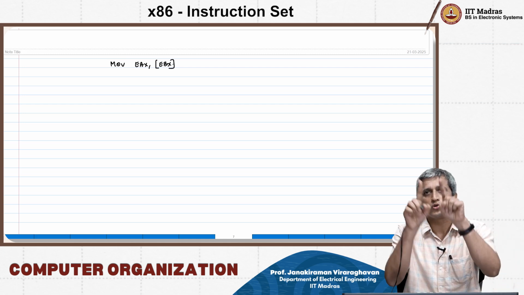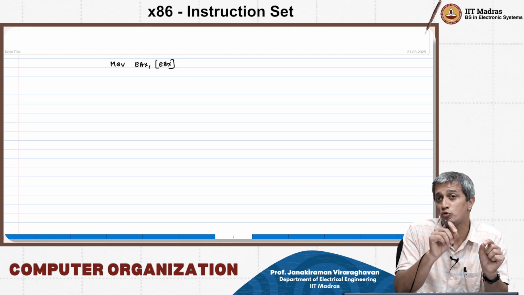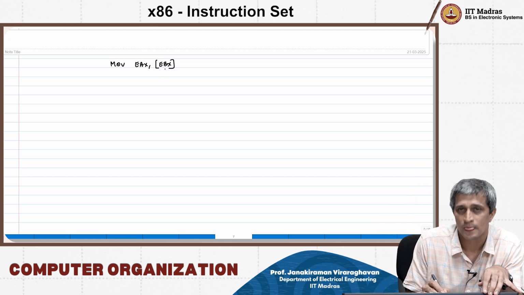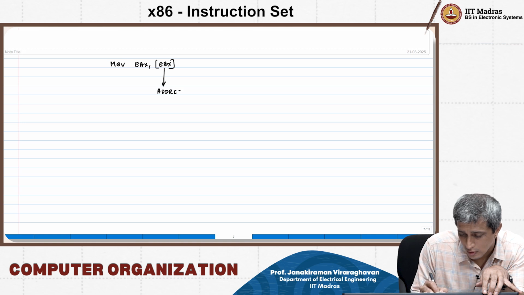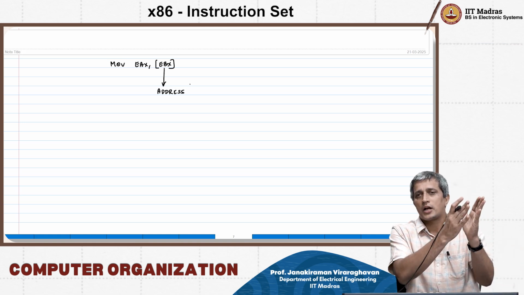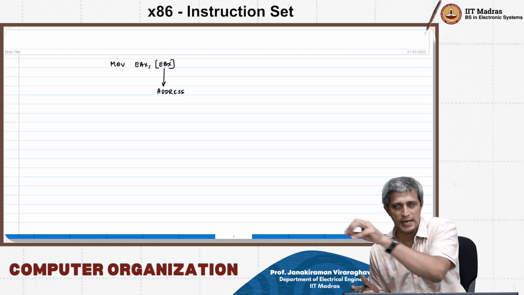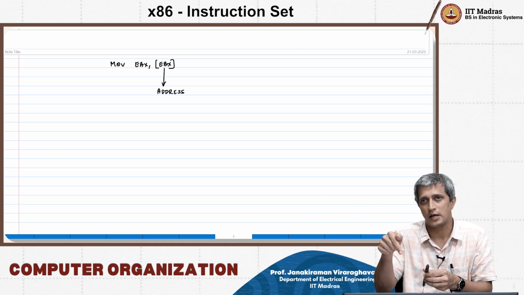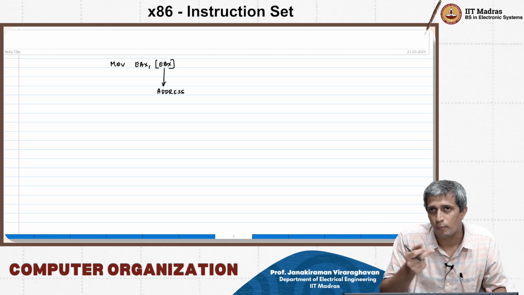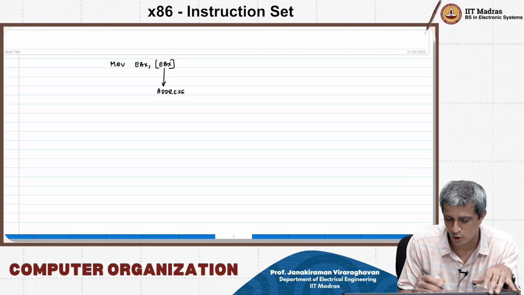In the mnemonic we use the square bracket to represent that we are talking of the contents pointed to by EBX. Then EBX is now treated like an address, and the address bus will be populated with this EBX. Data will be read out from the memory onto the data bus and that data will be populated into my EAX. That is very important to understand.